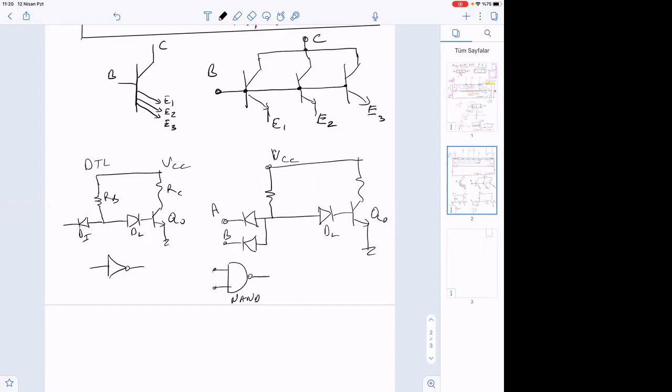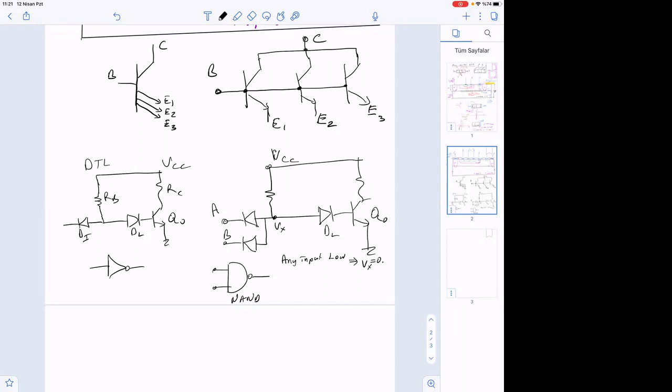What does that mean? If any of them is low, this is Vx. Any input low, output will be high. Any input low, then Vx is equal to 0.